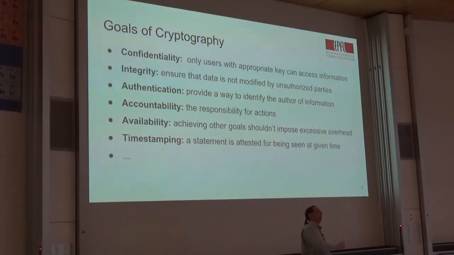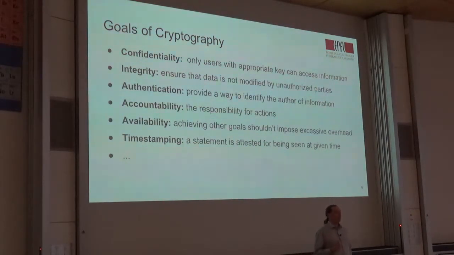The classic use of crypto is for encryption, namely to keep a secret, keep something private so that only the people with the keys can read it. But then just as important, and often more important in today's world, is integrity, ensuring that data in transit or stored on disk hasn't been modified by unauthorized parties.